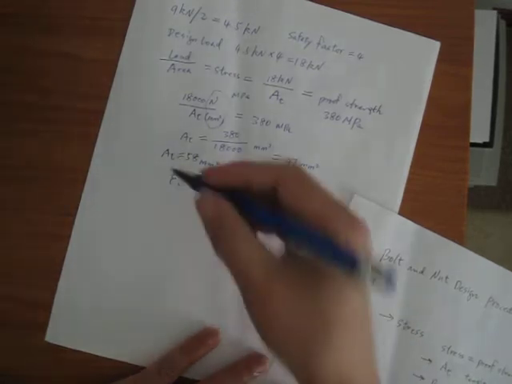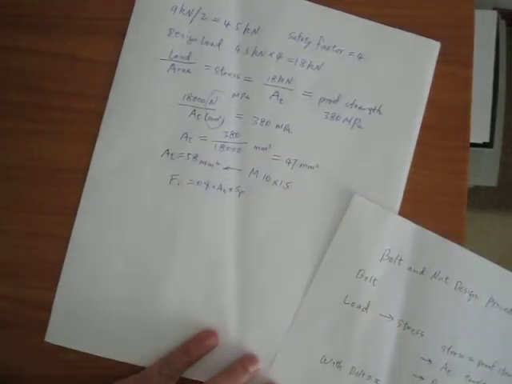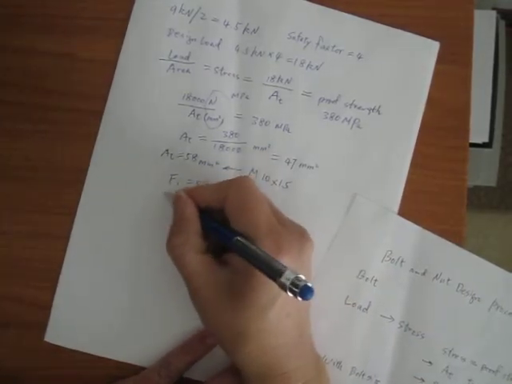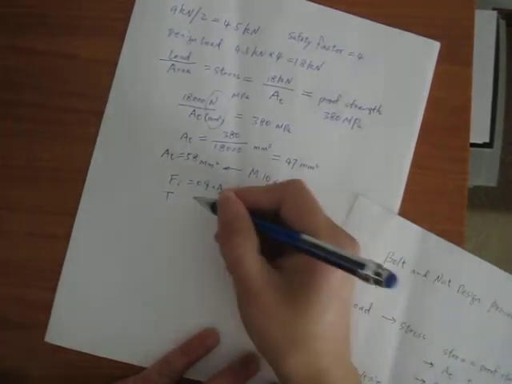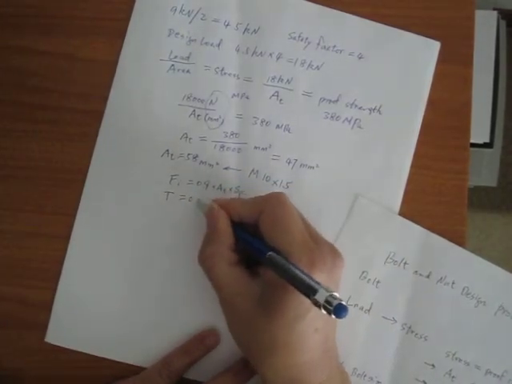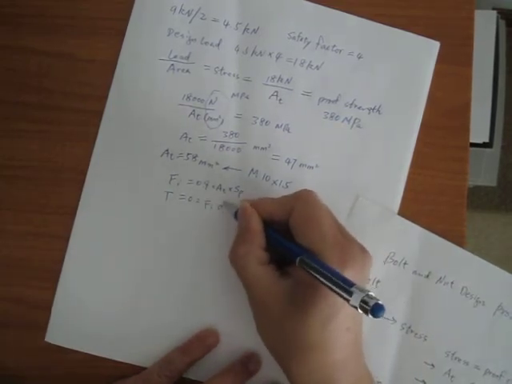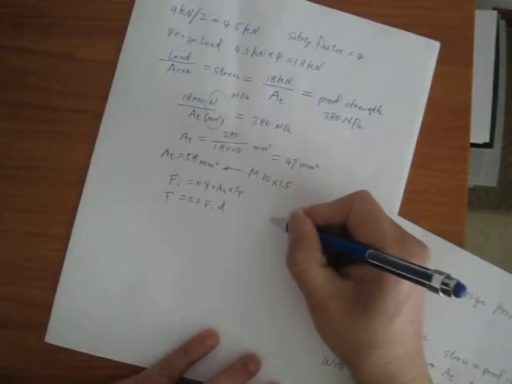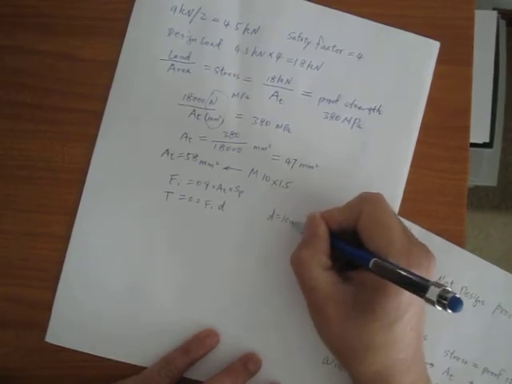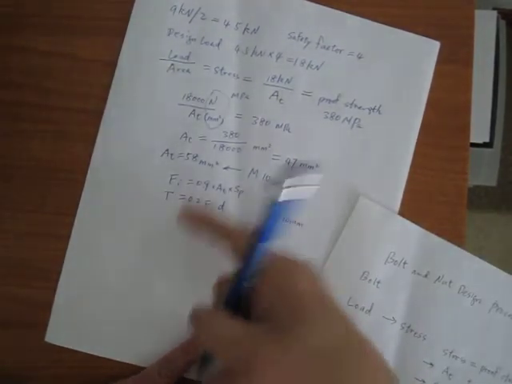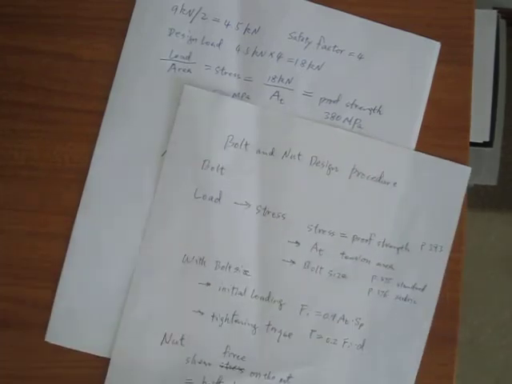Once we find the initial loading, we can find the tightening torque. T is equal to 0.2 Fi times D, where D in our case is 10 millimeter.